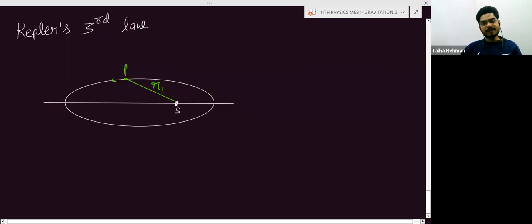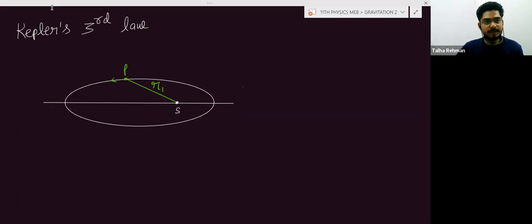We know that the planet revolves around the sun in an elliptical orbit. So this is planet P, revolving around the sun, and this distance is r1.